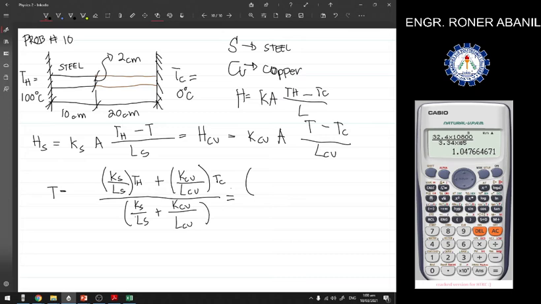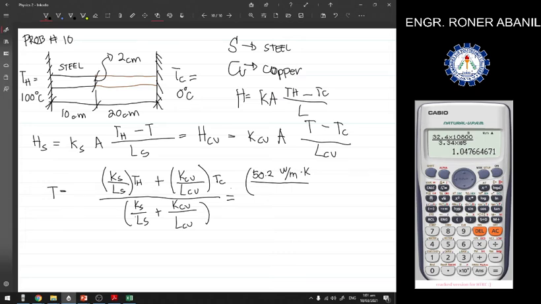Yung KS natin ng steel is 50.2 watt per meter Kelvin over yung LS natin.